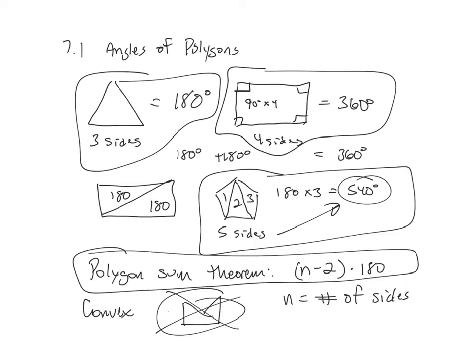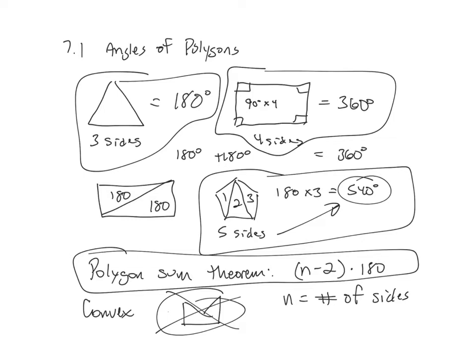So you will need to understand the different words for shapes. If you don't remember them, you've got to look them up. So 5 sides pentagon, 6 sides hexagon, 7 sides, excuse me, heptagon, 8 sides octagon, 9 sides nonagon, 10 sides decagon.